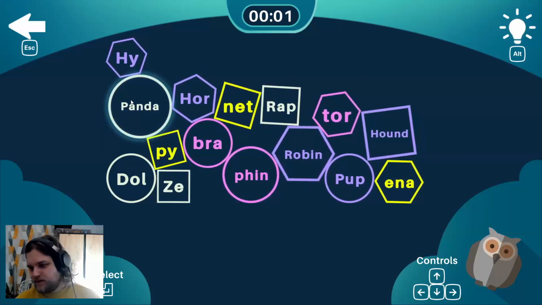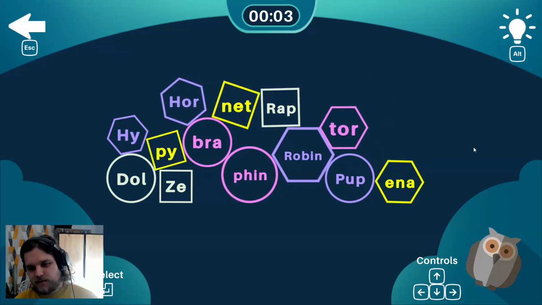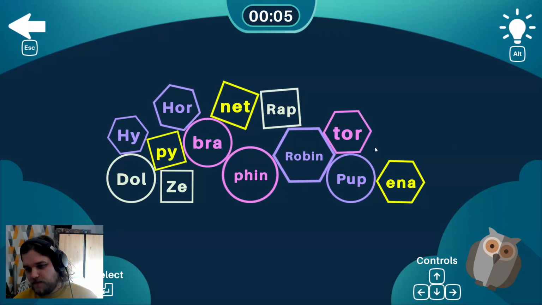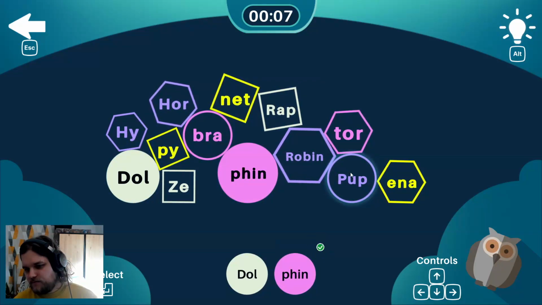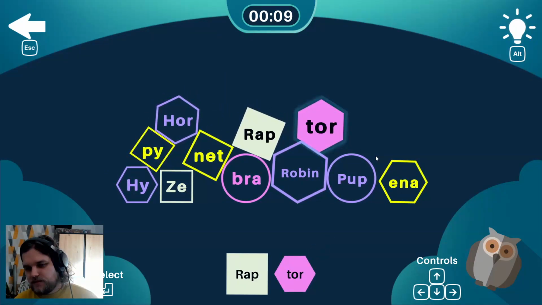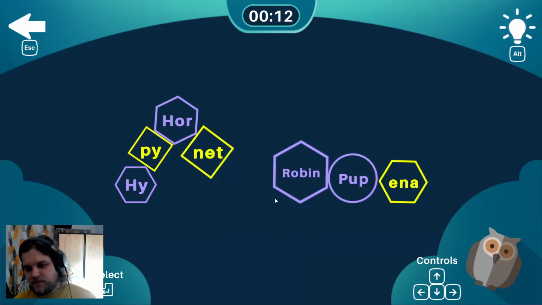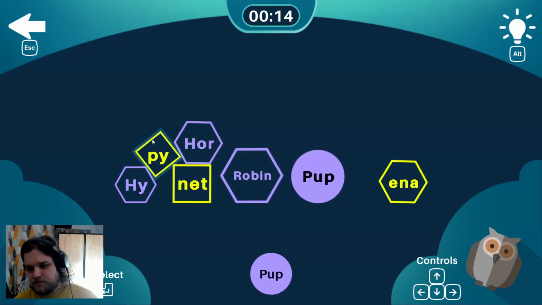I can already see panda, count, dolphin, raptor, zebra, puppy.